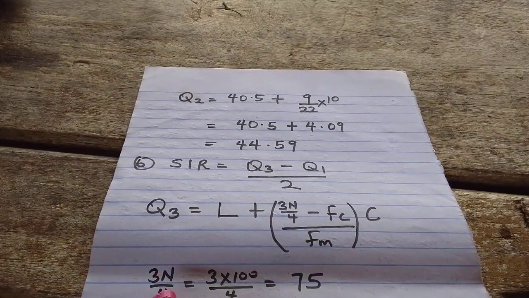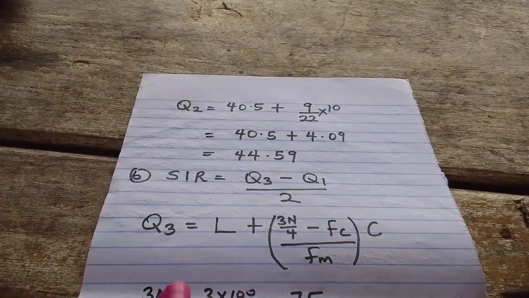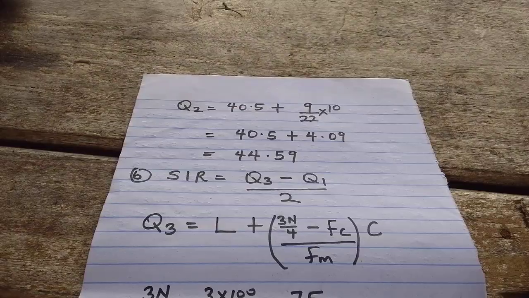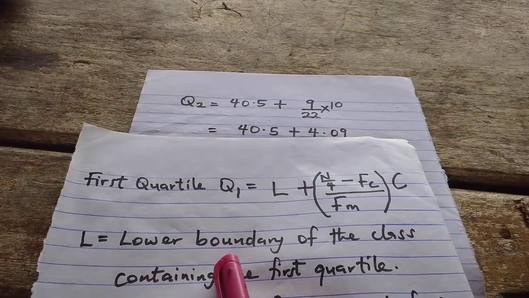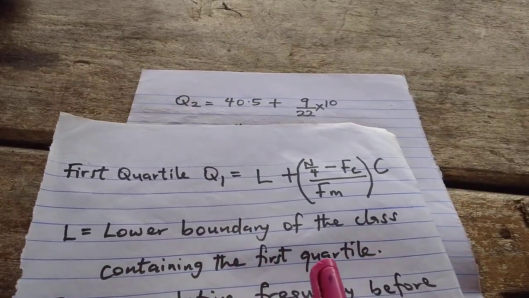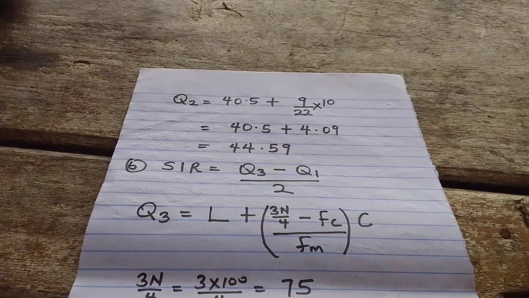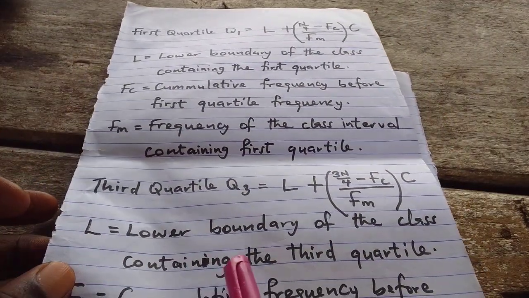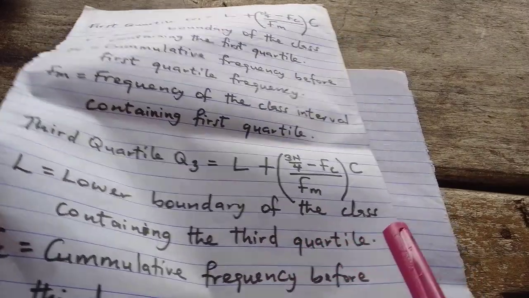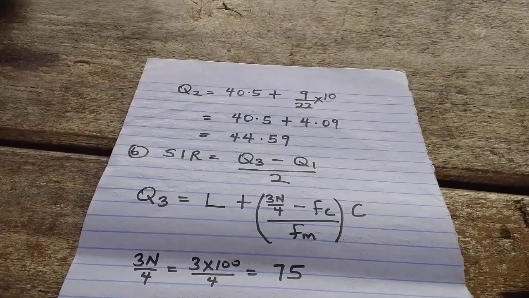So now we need to get our L. What is the definition of the L in the median? The L is equal to the lower boundary of the class containing the first quartile. No, we want to get the third quartile first. So L there means the lower boundary of the class containing the third quartile.